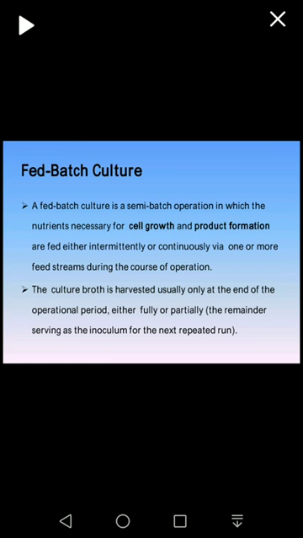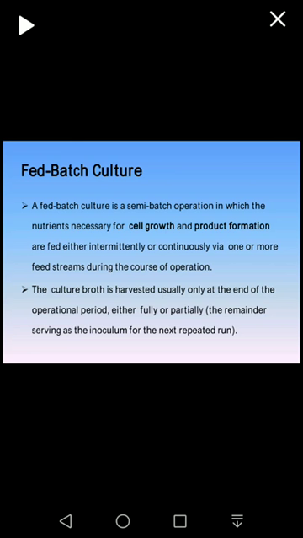But at the same time, the difference between fed batch culture and the continuous culture is that in case of fed batch culture, you are not removing the product. So the culture broth is harvested. Harvested means that you are taking up the product at the end of the operational period.